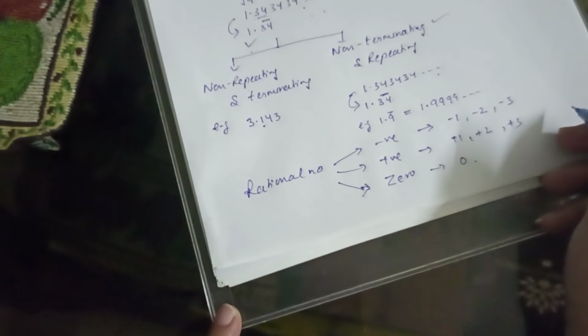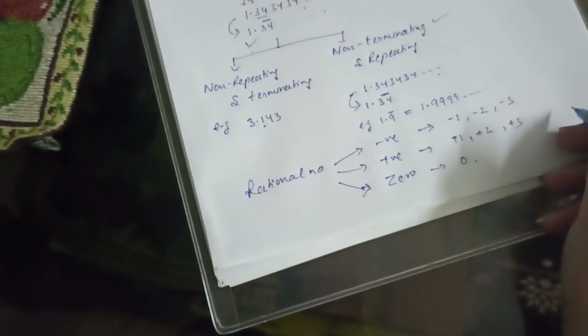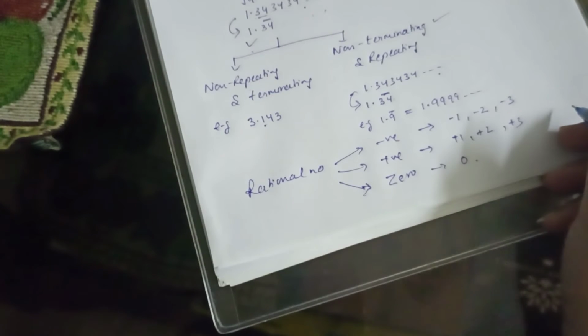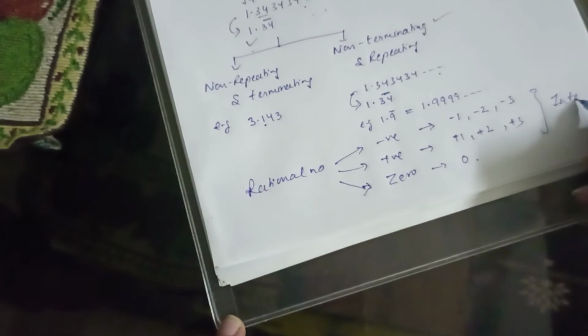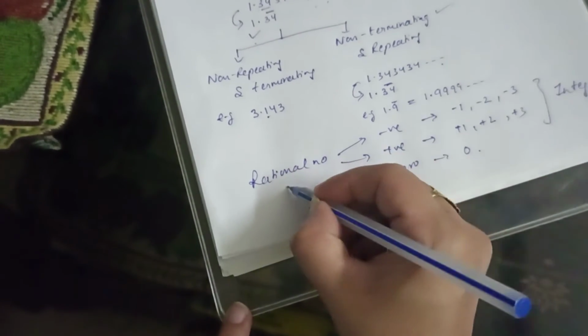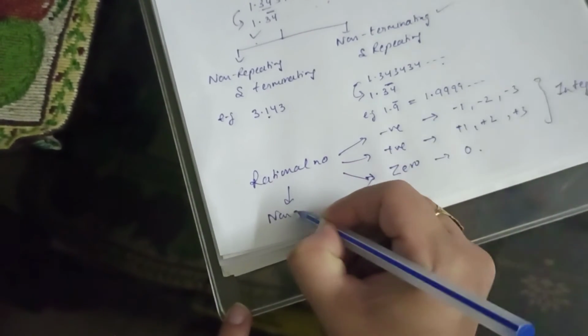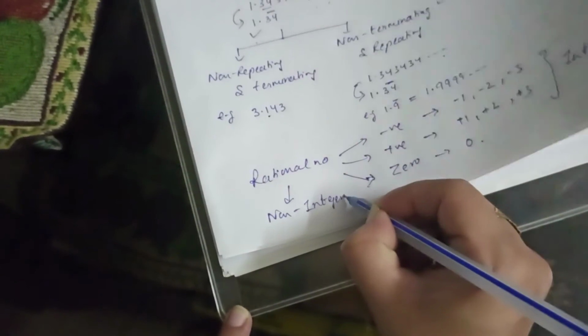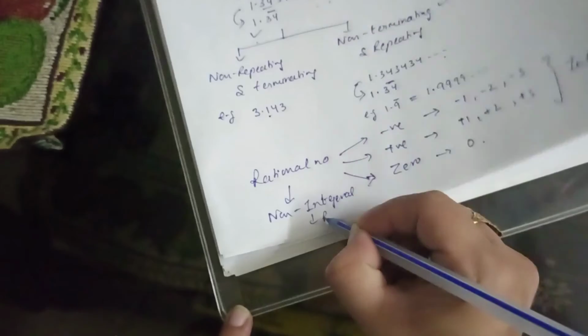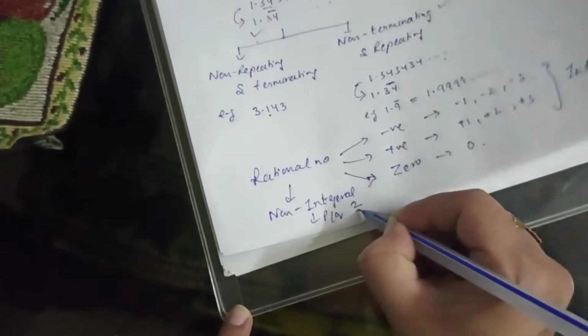Correct. Rational numbers are also non-integral. Under non-integral you can write that they are not represented as integers, P by Q form, 2 by 3, 3 by 4. So these are called integers. But if we take non-integers, non-integers means in fraction form, non-integral value means P by Q form, like 2 by 3.